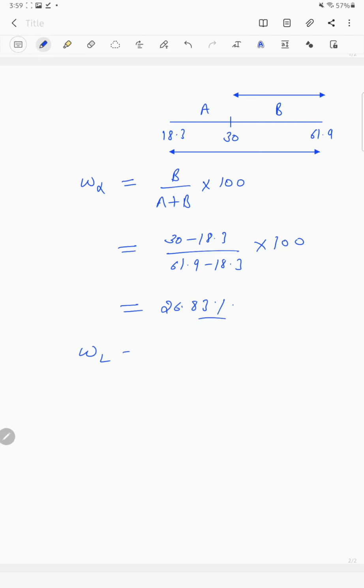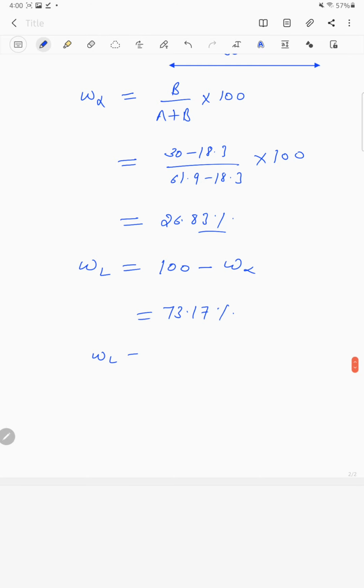The liquid phase we can calculate by subtracting from 100, and that will be 73.17%.